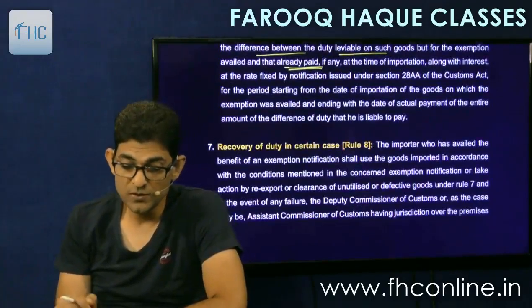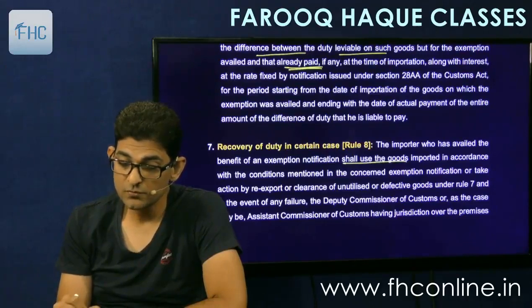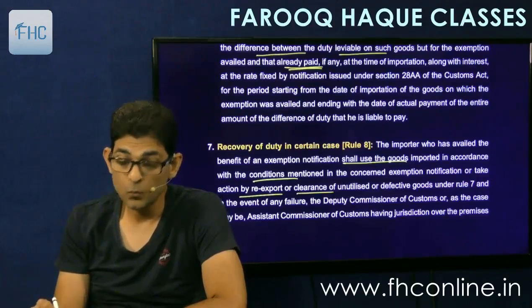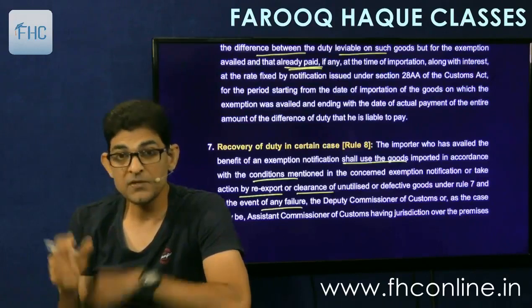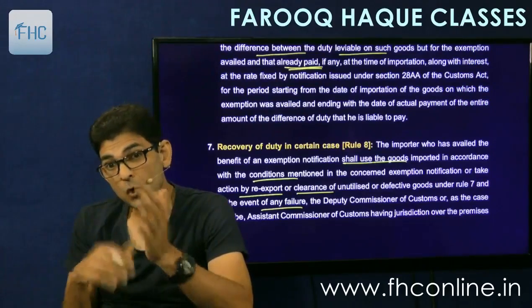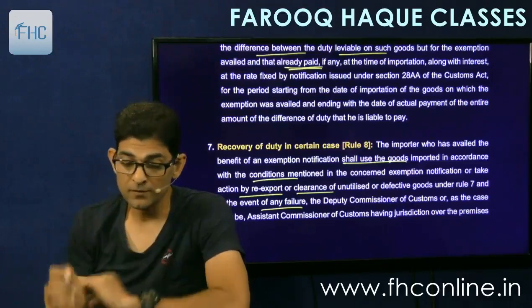Then recovery of duty in certain cases. If the importer who has availed the benefit of the exemption shall use the goods imported in accordance with the conditions mentioned in the exemption notification, obviously, or take action to re-export or clearance under Rule 7, and in the event of any failure, means he doesn't use it, nor re-exports it, nor clears it, and 6 months have gone, then what will happen?